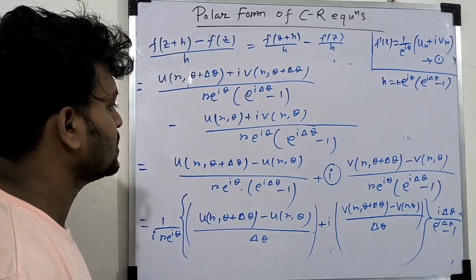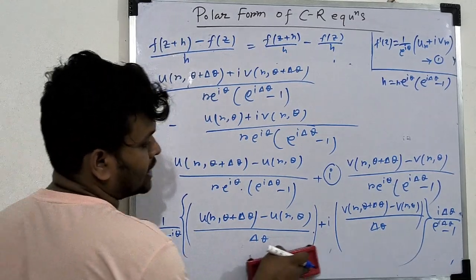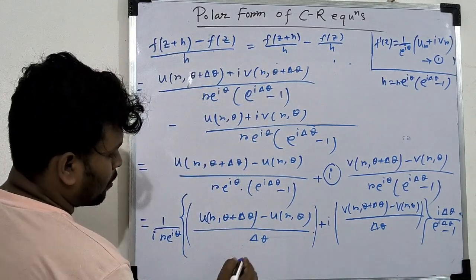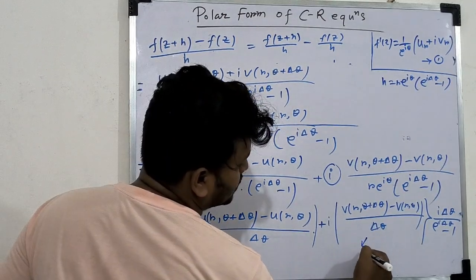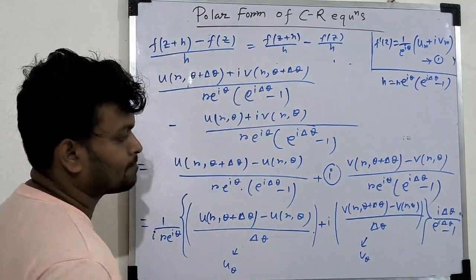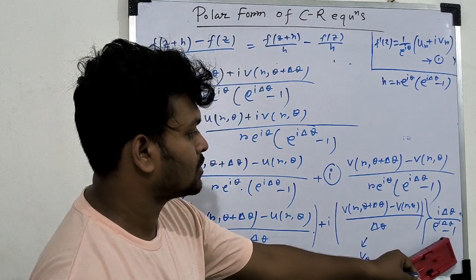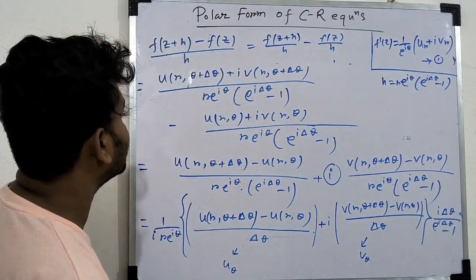So this ultimately you will get. So from this you will get u_θ, from this you will get v_θ. This is i, and what about this? So we will discuss that.